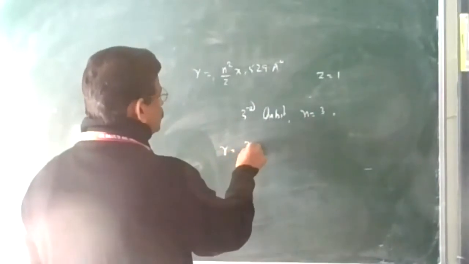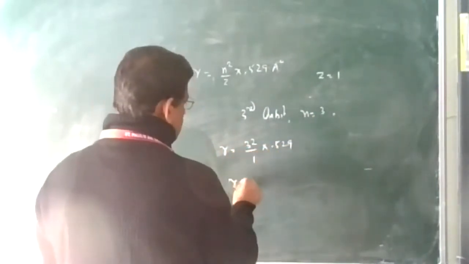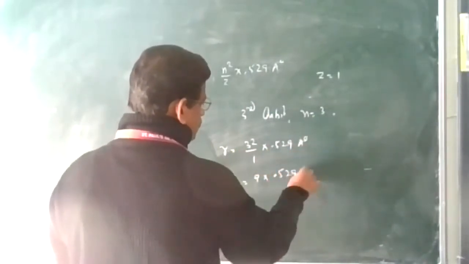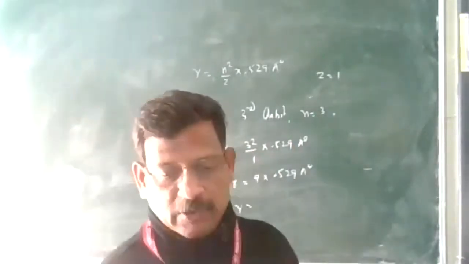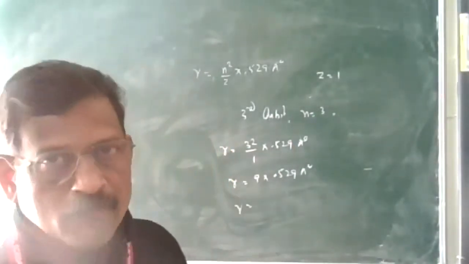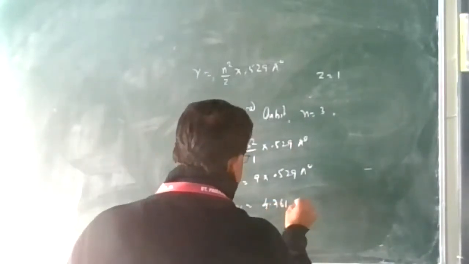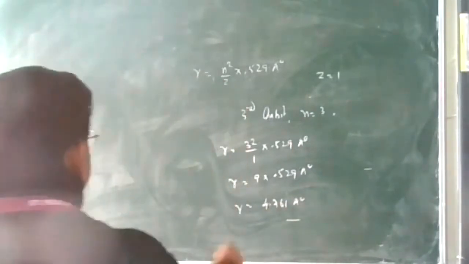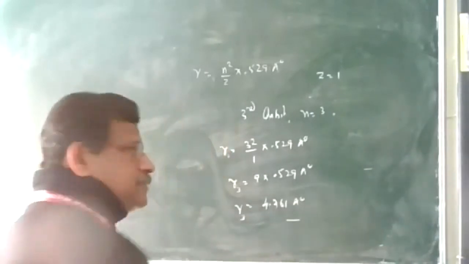R equal to 3 square by 1 into 0.529, so that is 9 into 0.529 angstrom. You can calculate this value, 4.761 angstrom. This is the third orbit, R3. You can mark it as the radius of the third orbit of hydrogen.